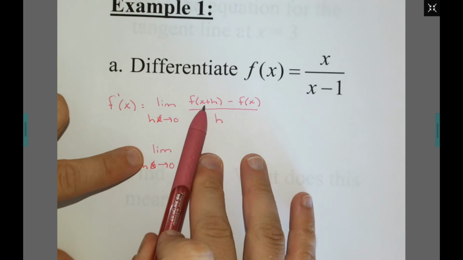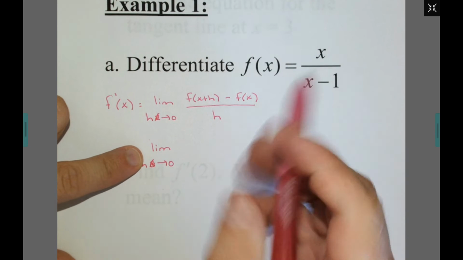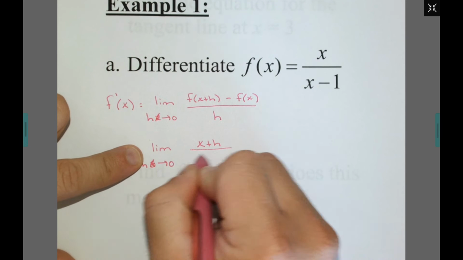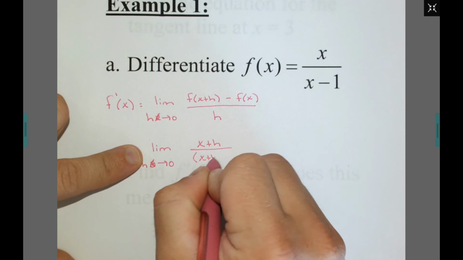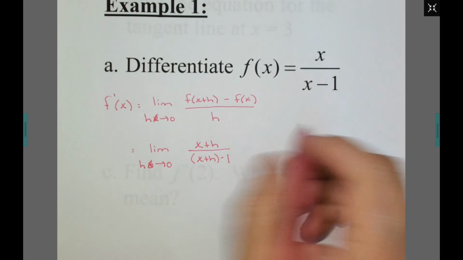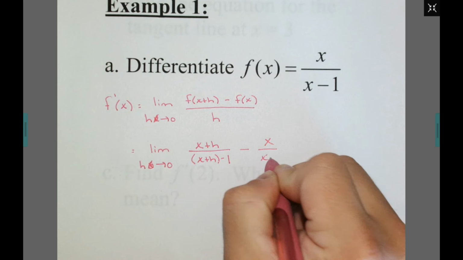And I need to plug x plus h into the function. So wherever I see an x, I'm plugging in x plus h. It gives me x plus h over x plus h minus 1. Okay, so we got that for the first one. Minus f of x, so I just rewrite the function.